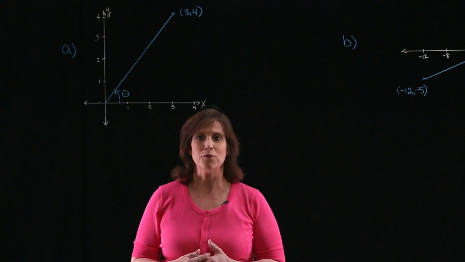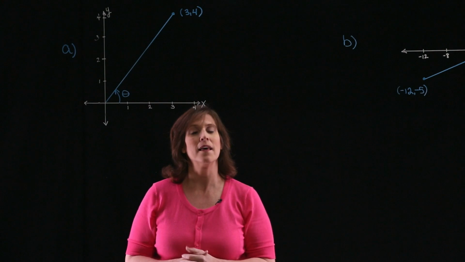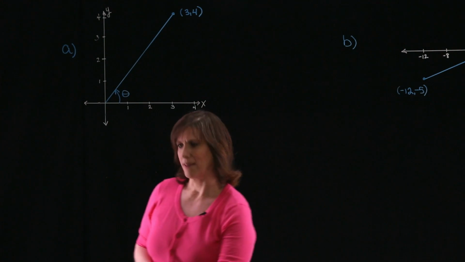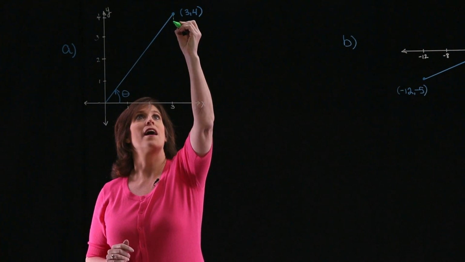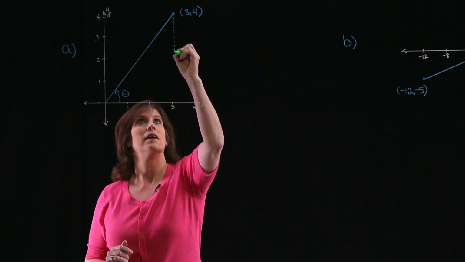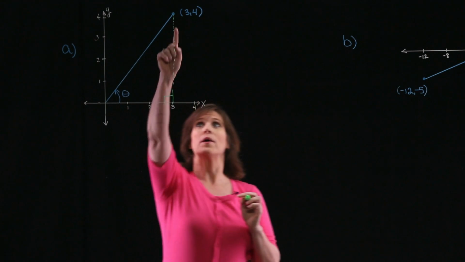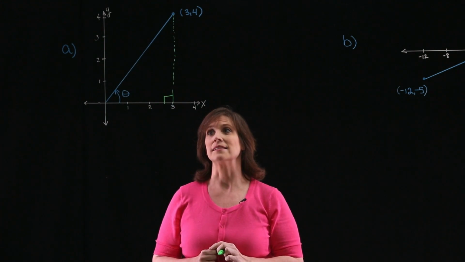So I have the 3 and the 4, but I need to figure out what this length is to help me with all of my trig functions. How do I find that? I notice that I can create a right triangle by going from the ordered pair down to my x-axis.